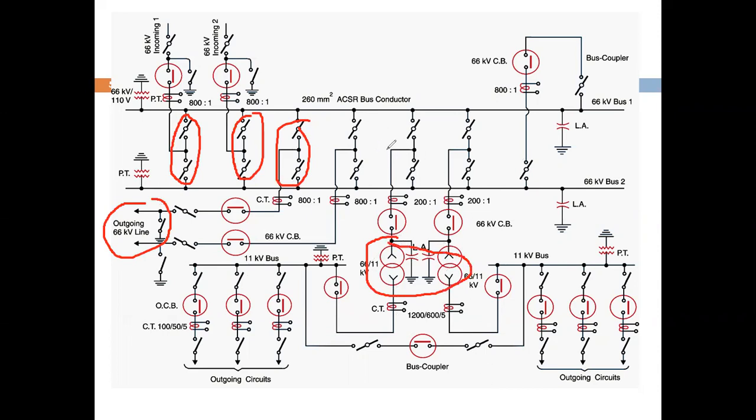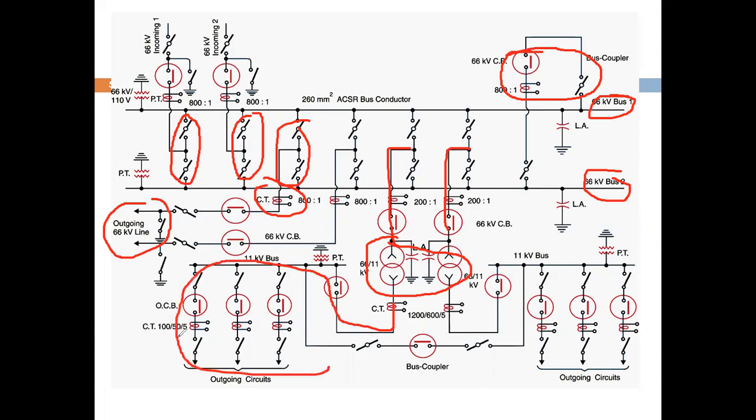Then we collect the supply from the 66 kV bus bar, and this is a double bus bar system, bus bar 1 and bus bar 2. For bus bar protection, a circuit breaker, bus coupler, and CT are put there. This is called a CT, used to measure the electrical current, and then the supply is stepped down to 11 kV and distributed to the feeders.